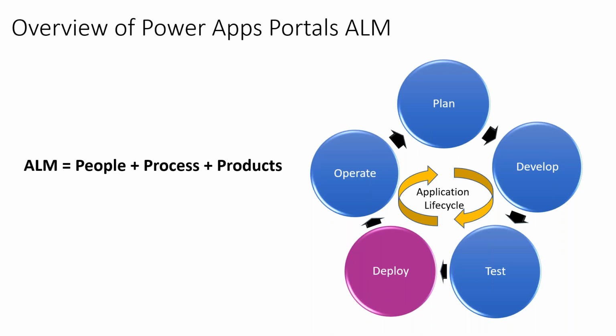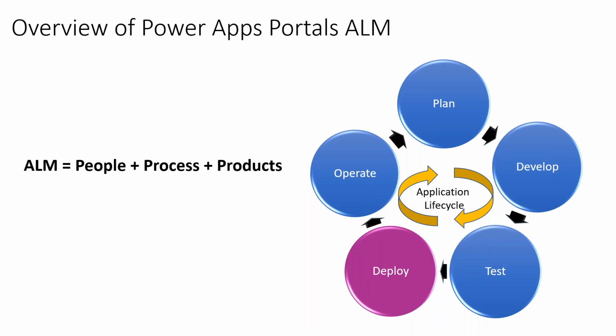If you can see in the picture, application lifecycle management starts from the planning phase, where you have to plan before you start the deployment. The second phase is the development phase. Once you plan what application you are going to design and how it's going to look, you start the development.